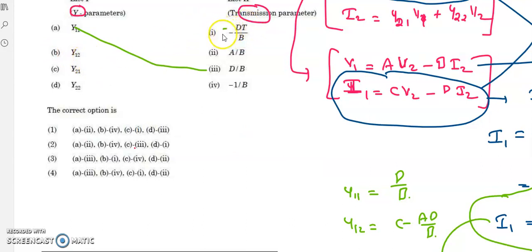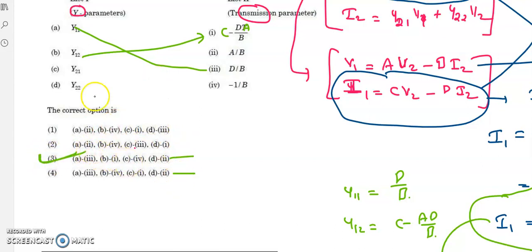So y12 matches up with this one, right? So first we will find a with 3. Here the two options are 3 and 4, and b is matching up with 1. So only the third option is perfect and all the other options are not perfect. So here the third option is the correct one, right?